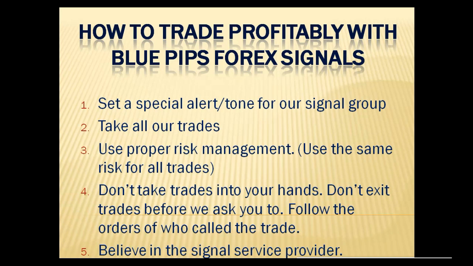In fact, I think it should be the most important group on your WhatsApp chat platform. So you need to go to your WhatsApp settings and make this adjustment. Make sure the tone coming from this group is distinct. You can easily identify it and quickly run over to take the trade whenever it's called. And that's the first tip I have for you.